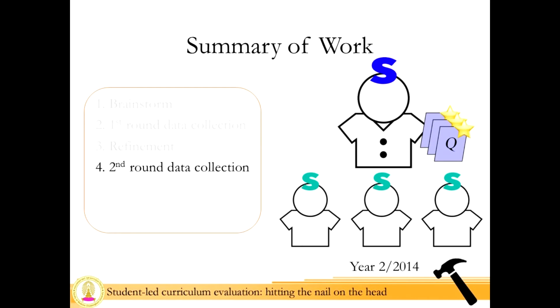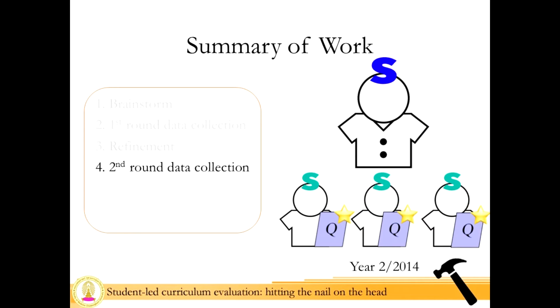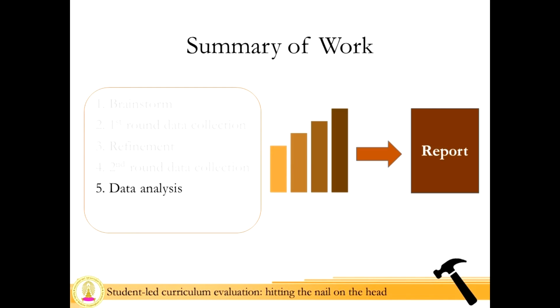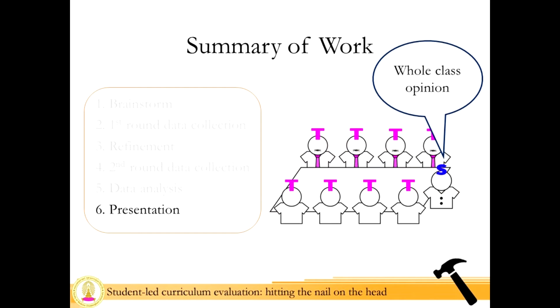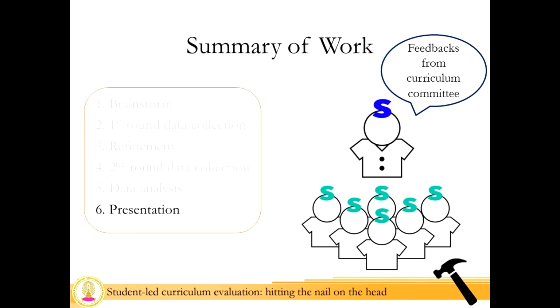Fourth, the closed-ended questionnaires, composed of these 62 items, were distributed and explained to all second-year students. The fifth step is data analysis, presentation preparation, and report writing. Finally, we presented the results to the Curriculum Committee and also our fellow students.